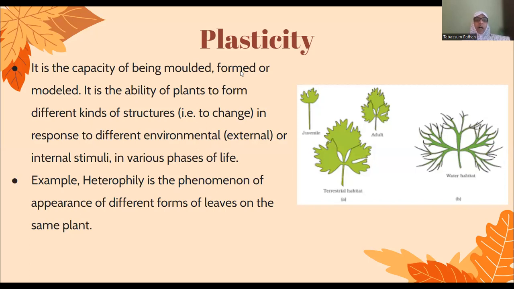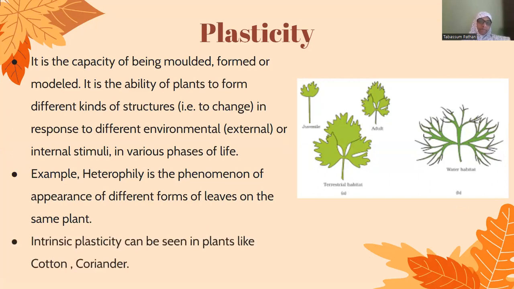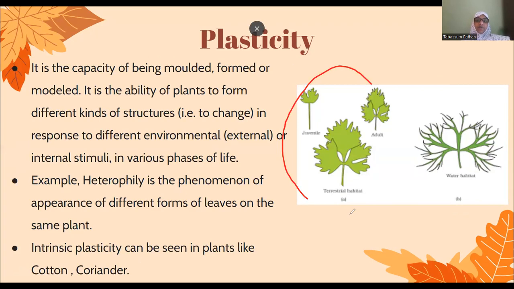Now we move to the next part of this, that is, intrinsic plasticity can be seen in plants also, like cotton, coriander. So it's not necessary that this is something that is visible with respect to what we see, okay, like the different shapes and size of the leaf. But there can be certain internal characteristics also of the plant, which we refer to as intrinsic plasticity.